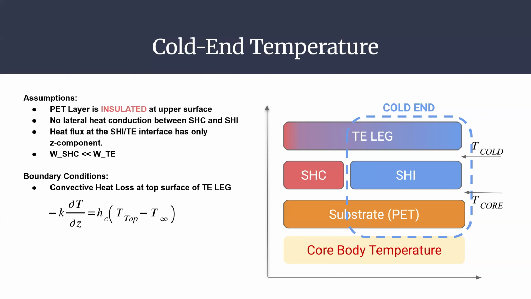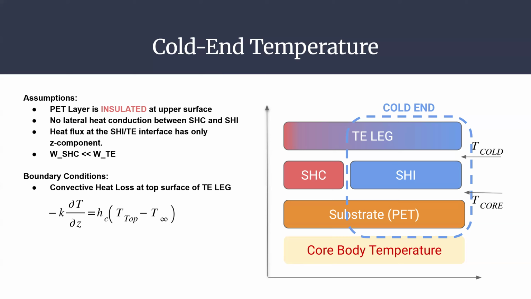And the first one we made is the PET layer is insulated at the upper surface because it is directly interfaced with the SHI, which is the insulator layer. And that SHI layer has much lower thermal conductivity compared to the substrate.